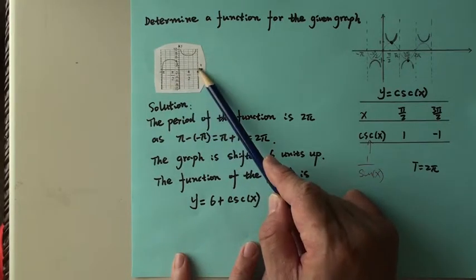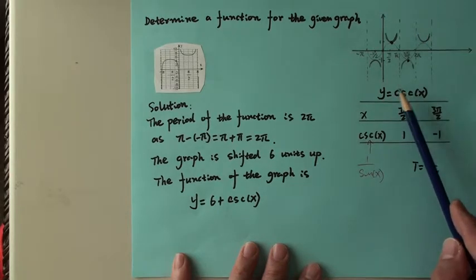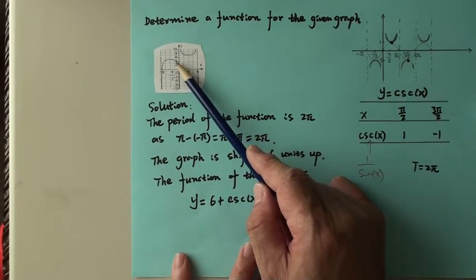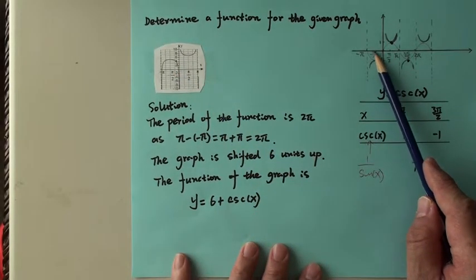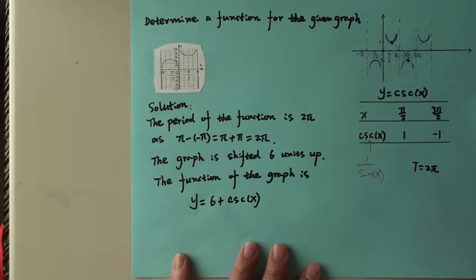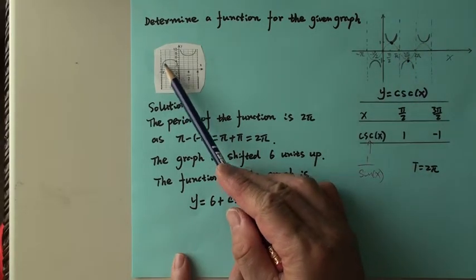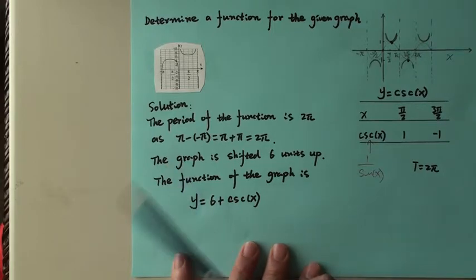Then you know this period is 2 pi. You may think it might be like this, but not exactly, because the graph right down here was below the x-axis. Now this one is actually moved up.